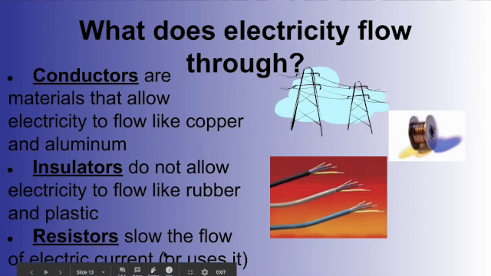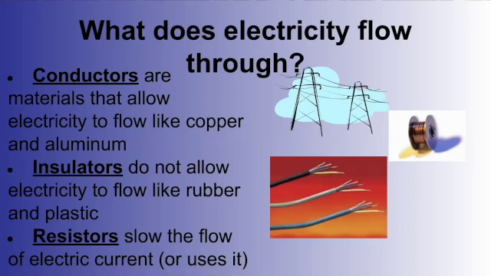For example, if we have electricity going down the line of a wire, and then it has to pass through a fan or a motor, that fan or motor is going to use some of that electrical current, some of that electrical flow, and turn that electrical energy into mechanical energy, also known as moving something.